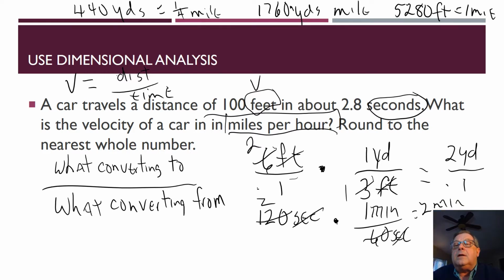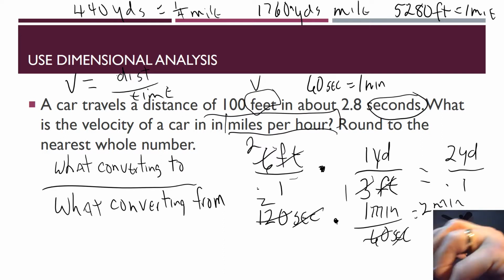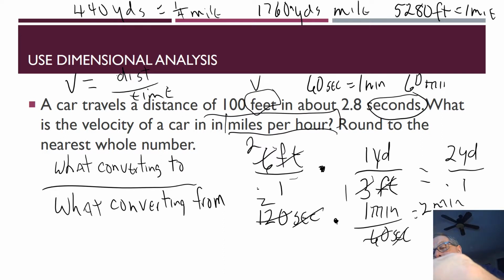Now, let's think about seconds and hours. So how many seconds are in a minute? Well, there's 60 seconds. That equals 1 minute. And how many minutes are in an hour? Well, 60 minutes equals 1 hour.